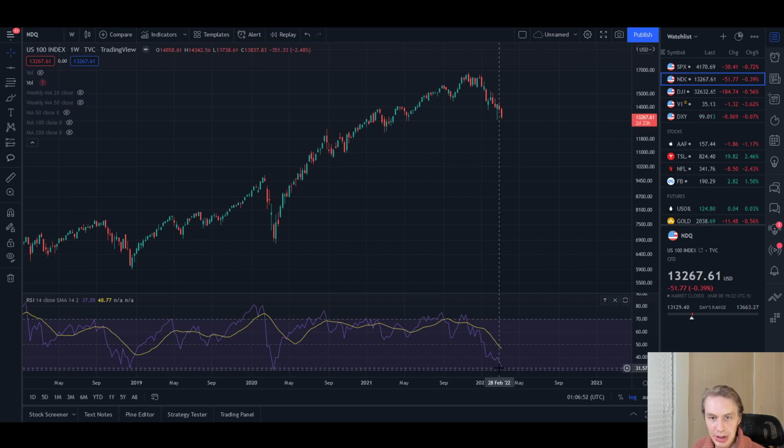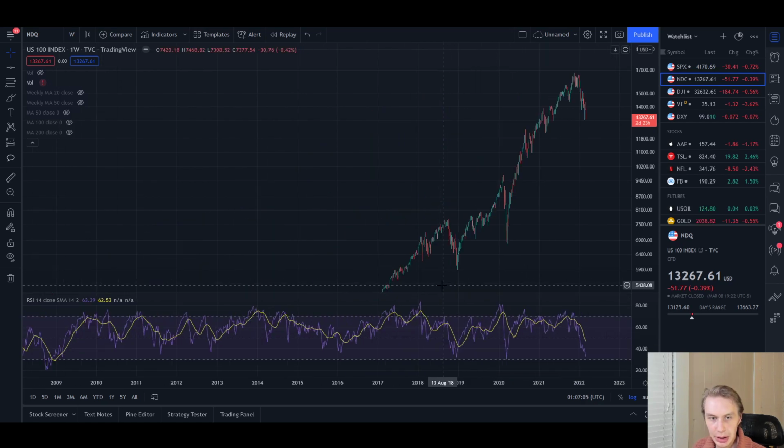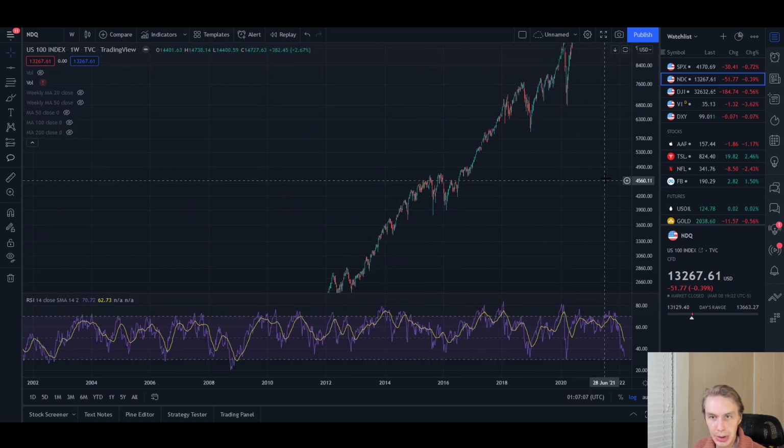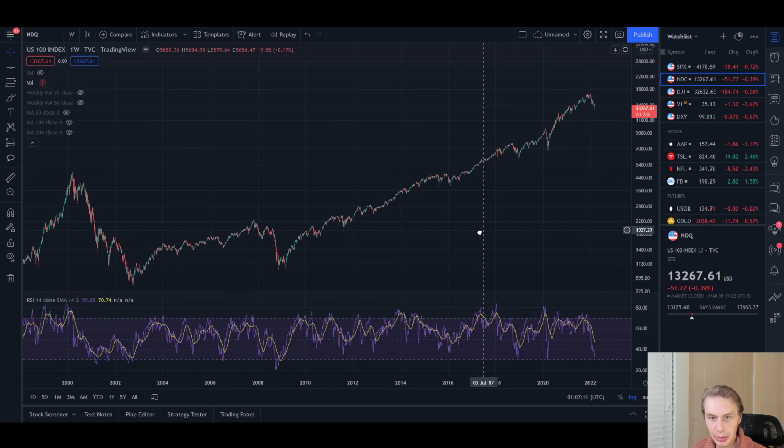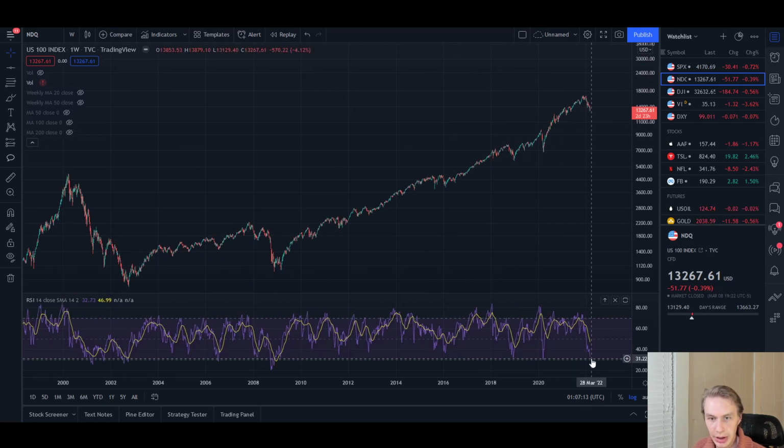And so that's, again, what I was saying, that similar to the UDPI, there's some confluence here to some degree, right? To say that if we're going to find a bottom, where we're at now would make sense for that bottom to form. And if we start breaking below this, that might start to get more concerning. Because if we start zooming out and looking back to find an RSI print lower than where we're at right now, we have to go all the way back to the financial crisis, 2008.